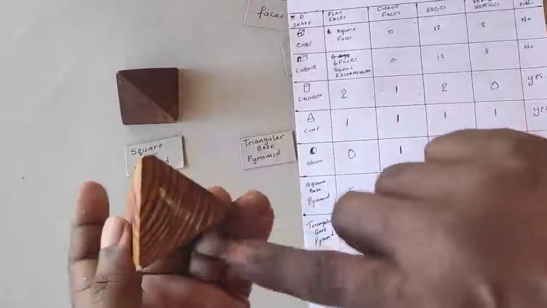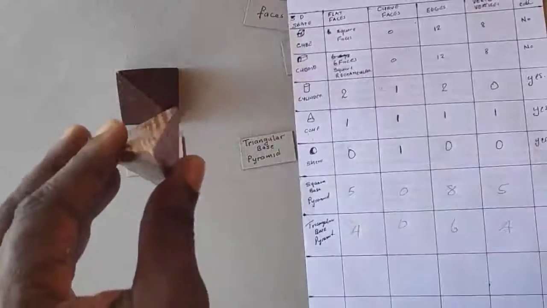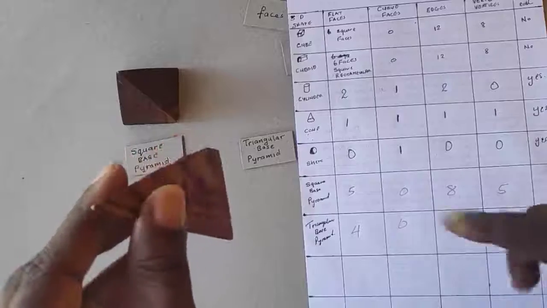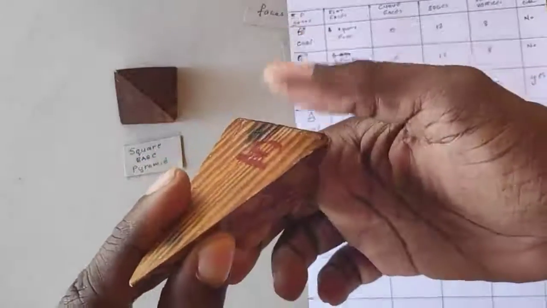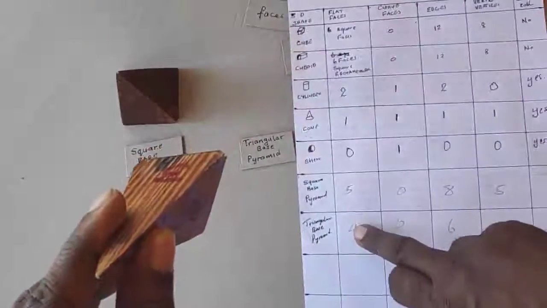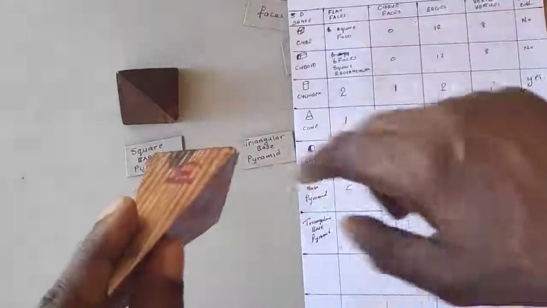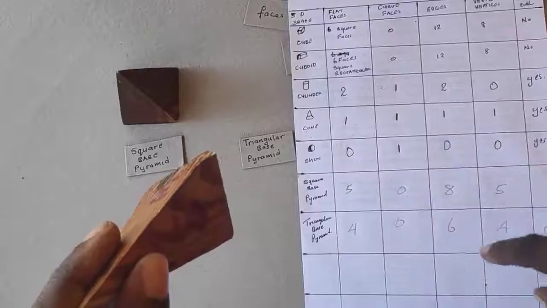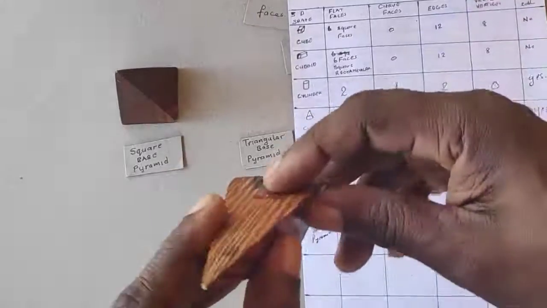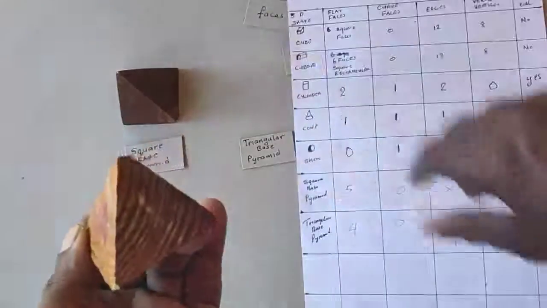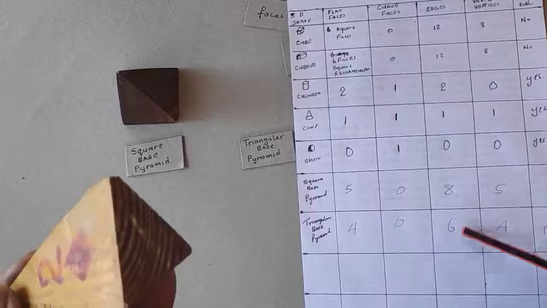Let's look at the triangular based pyramid. How many faces does this have? We have 1, 2, 3, 4 faces. It has 4 flat faces. Any curved faces? No. How many edges? Let's count them. 1, 2, 3, 4, 5, 6. It has 6 edges.